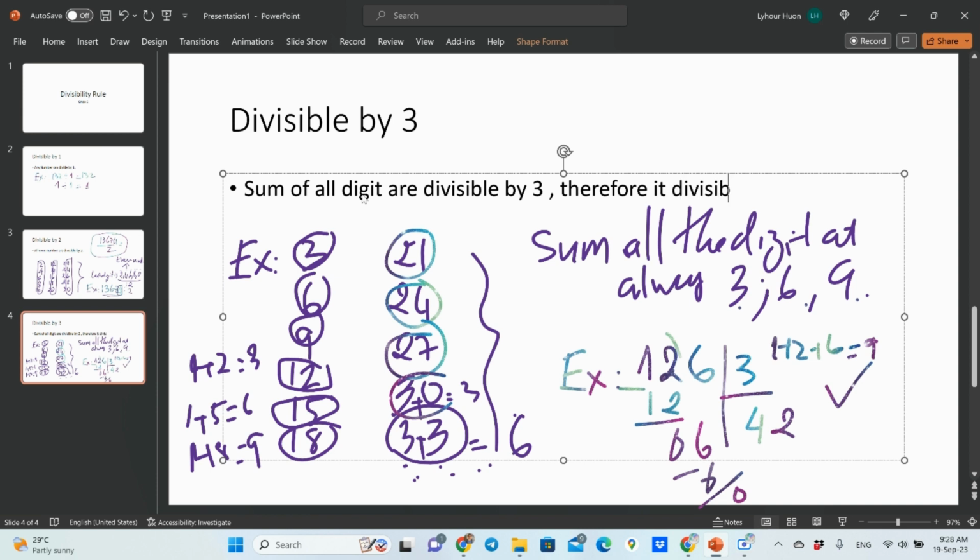Did you see the conclusion? Did you get the conclusion? When we add all the digits and the sum is divisible by 3, we know that the number is divisible by 3.